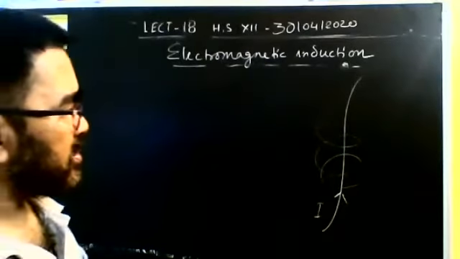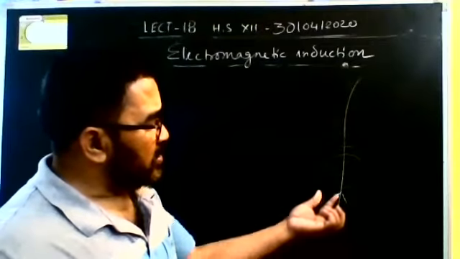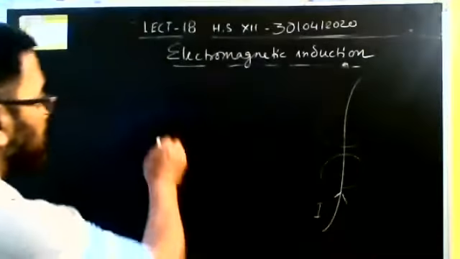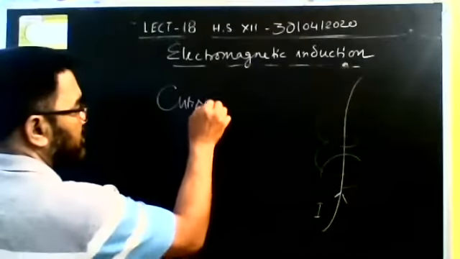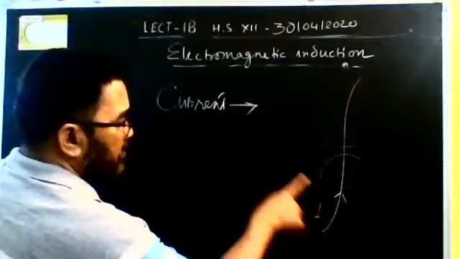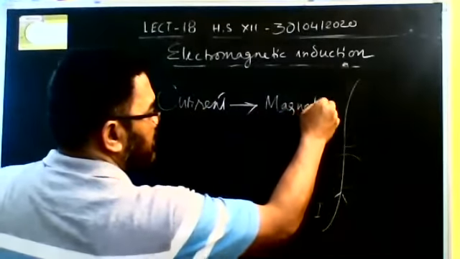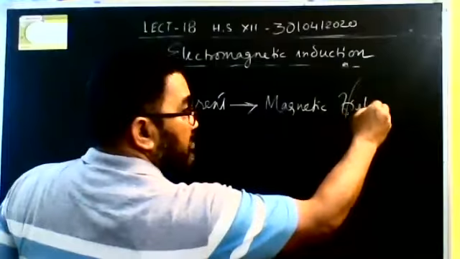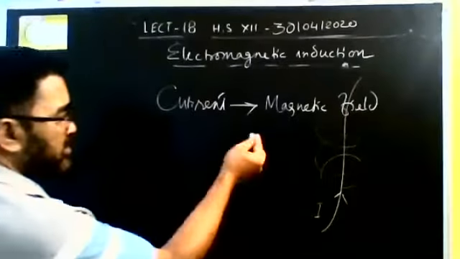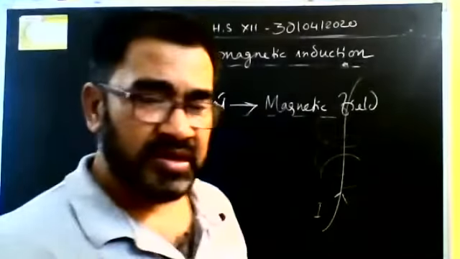That is, when current passes through a conductor, it produces a magnetic field. But the reverse action was first started by Oersted, right?